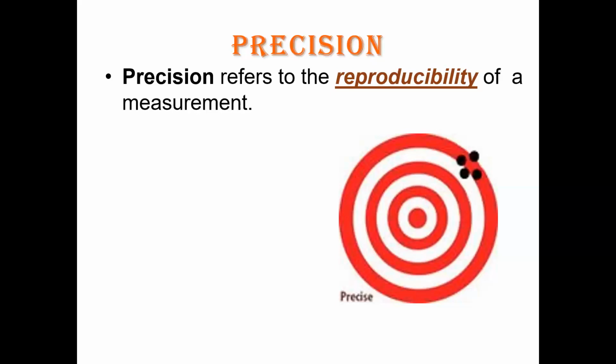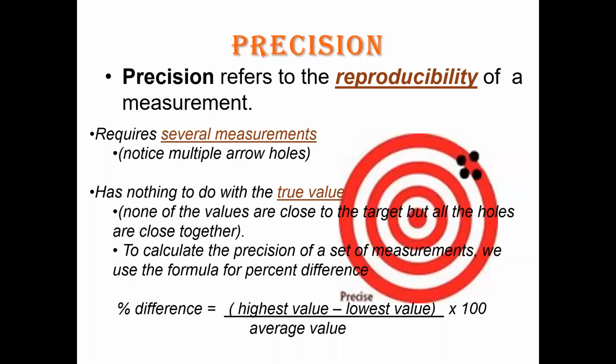Okay. All right. So in this case, you notice that in order to figure out precision, you require several measurements. This is why I did not ask you guys to do the precision. It has nothing to do with the true value at all, because you don't require a true value in order to see how reproducible your own measurements are.